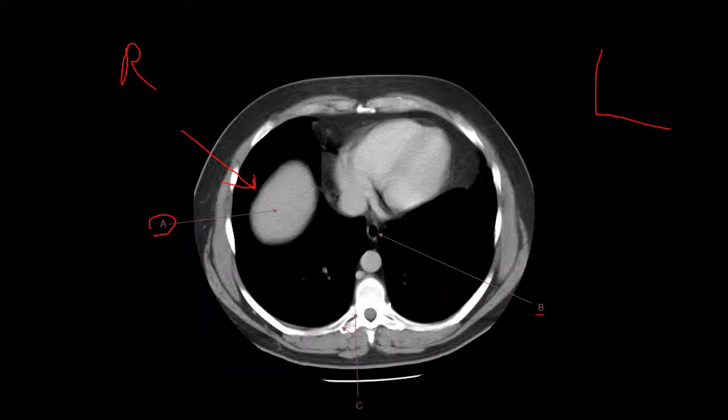B, what is B? It's the structure that's in front of the aorta, behind the heart, basically right in the middle of the chest and coming down the middle of the abdomen, and it's not completely round, it's a little ovoid. So what could that be? Here's the aorta, right?